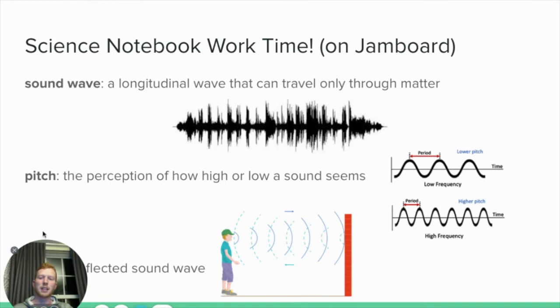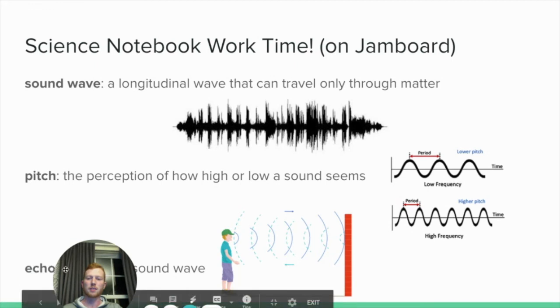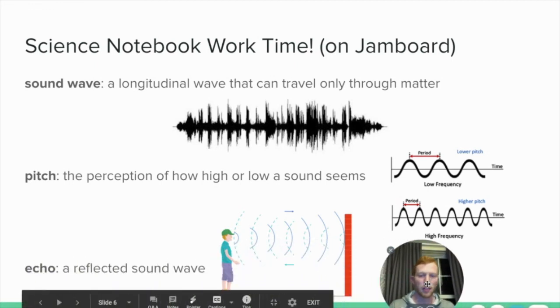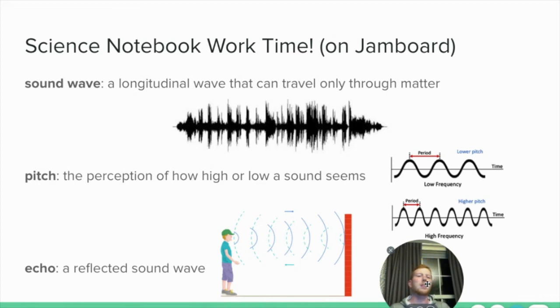Last but not least, your last word is echo, which is a reflected sound wave. So if you went down the hallway right now and screamed at the top of your lungs, please don't do that, because I know you will tell Mr. Kimberly that I told you to do that and get me in trouble. But if you did, it would echo down the hallway because it is a reflected sound wave.